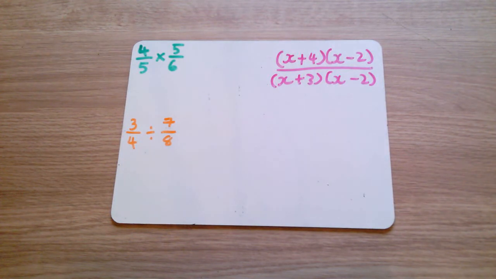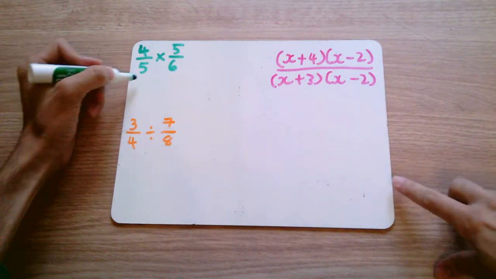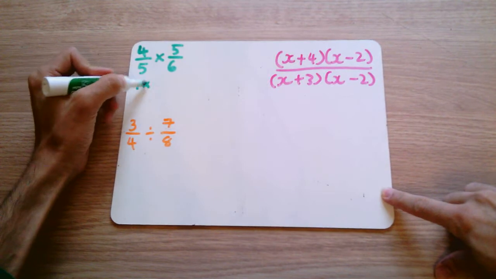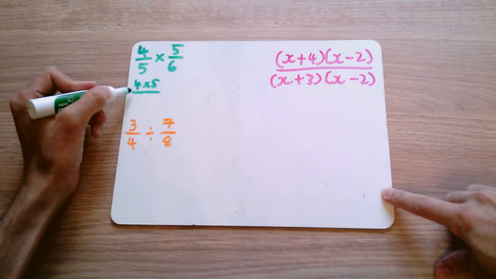So if we look at the example in the top left-hand side, we have a question here where we are multiplying our two fractions together. Now, when you multiply two fractions together, all you do is you multiply your two numerators and then you multiply your two denominators together.